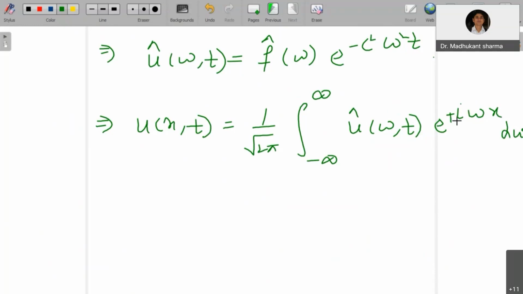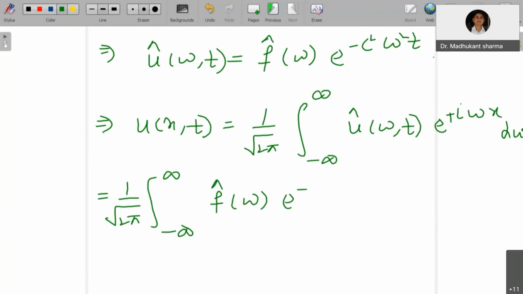Now û(w, t) you can substitute here, so this will give you the formula. Square root of 2 pi, integration minus infinity to plus infinity. Now f cap of w, you know, right? What is f cap of w? I will write it. Then e to the power minus c^2 w^2 t, e to the power i w x dw.